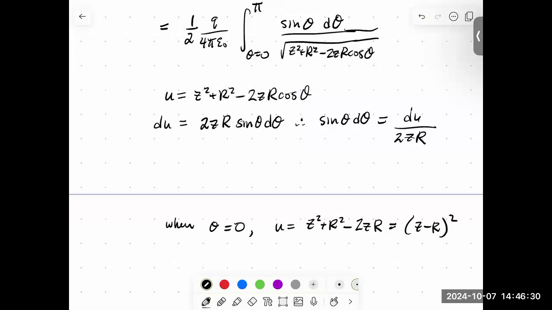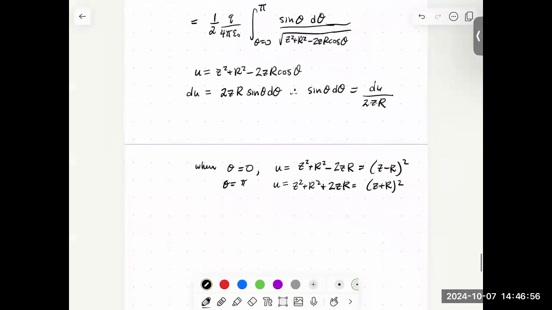Something like that. It doesn't matter if it's z minus r or r minus z. And when theta is pi, then u is going to be z squared plus r squared, now cos of pi becomes minus 1, so we get plus 2zr. And so that one is z plus r squared.